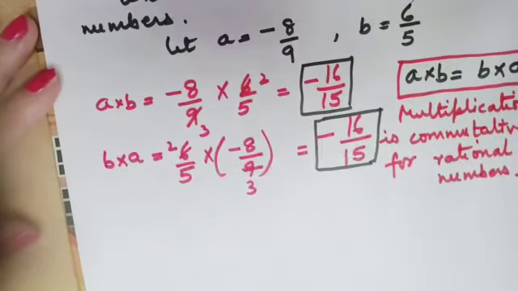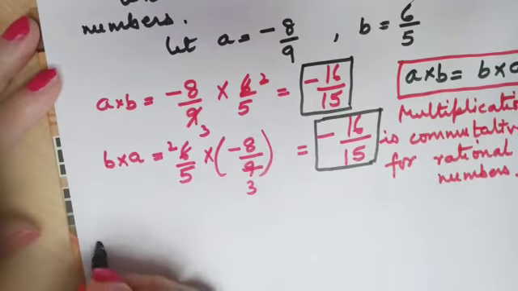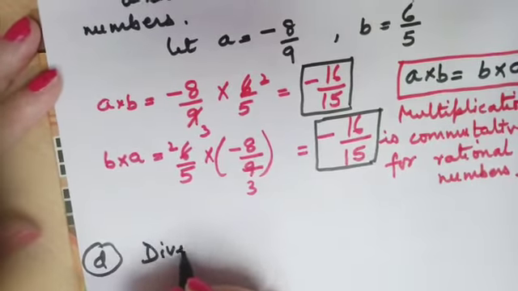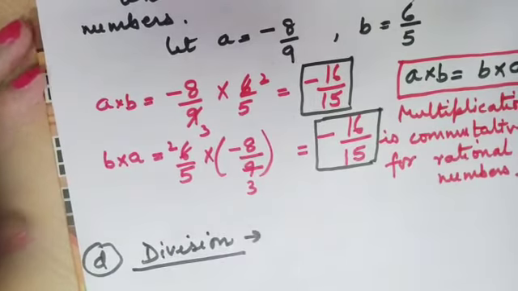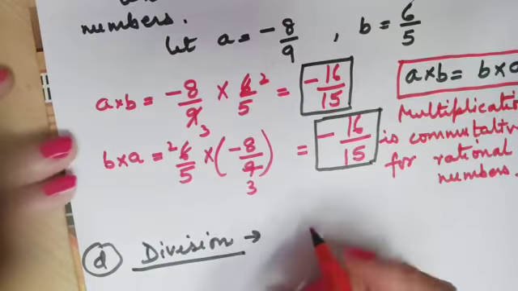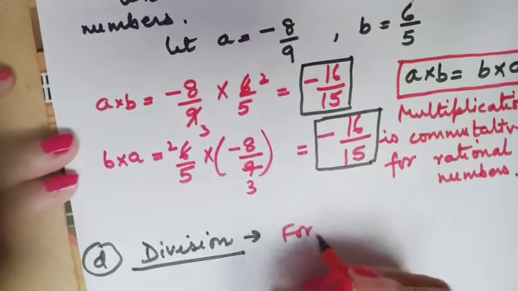Now our last operation is division. We will check this property for division also. For division, what will we do?